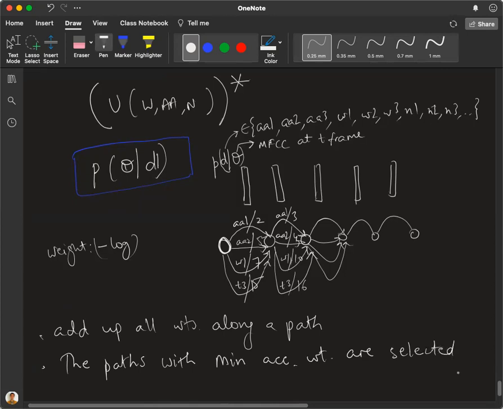You might output a single path or you might output, let's say, the top 3 paths.